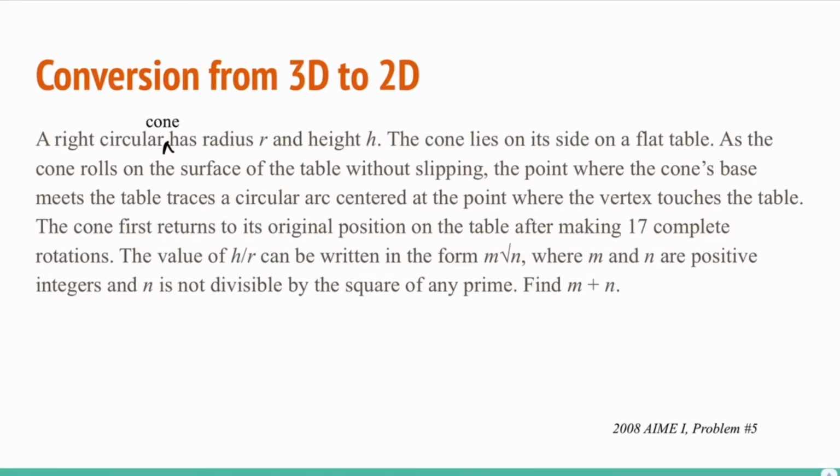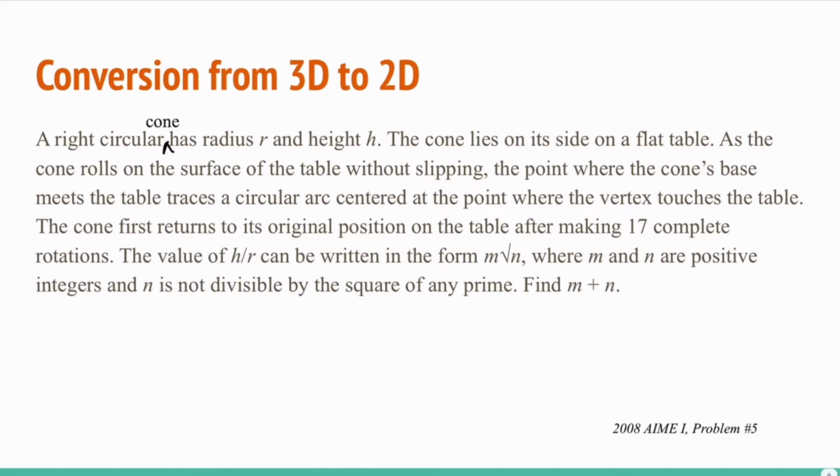Now let's do a problem in which we have to convert from 3D to 2D. A right circular cone has radius r and height h. The cone lies on its side on a flat table. As the cone rolls on the surface of the table without slipping, the point where the cone's base meets the table traces a circular arc centered at the point where the vertex touches the table.